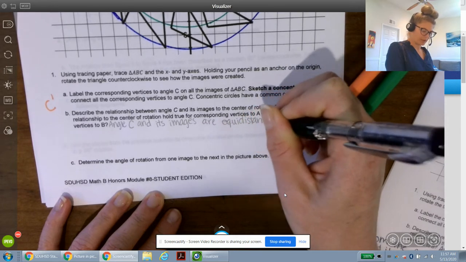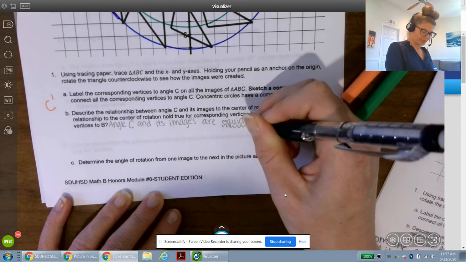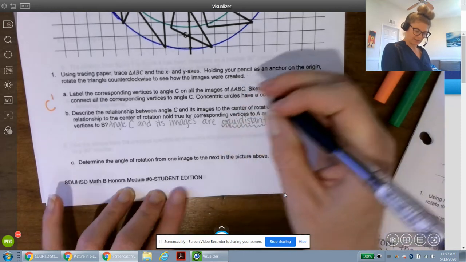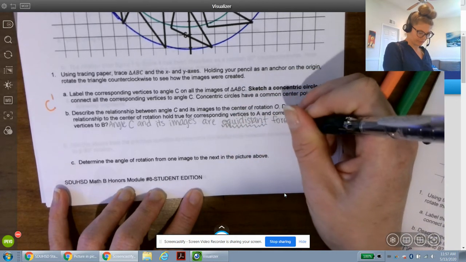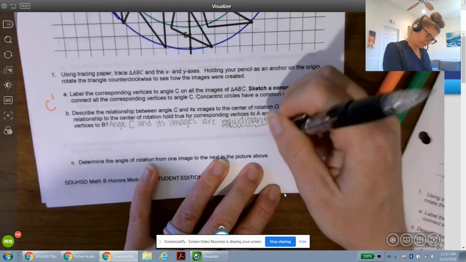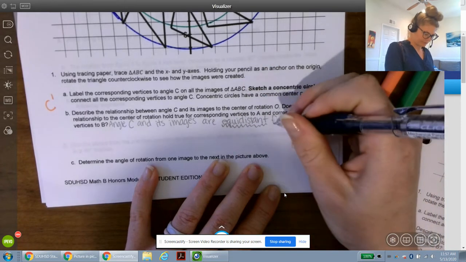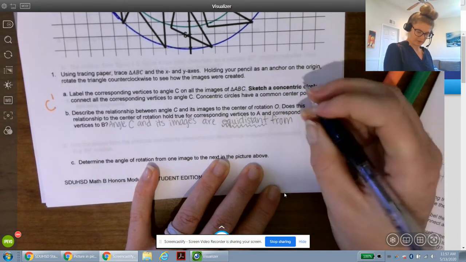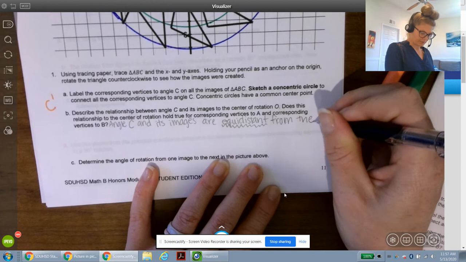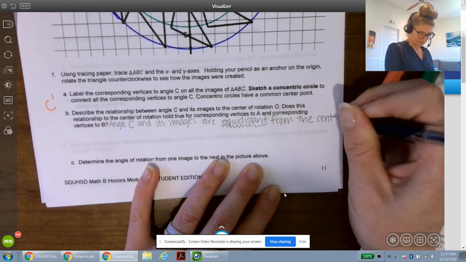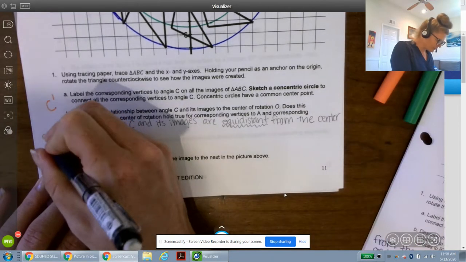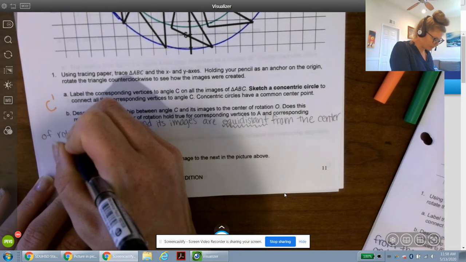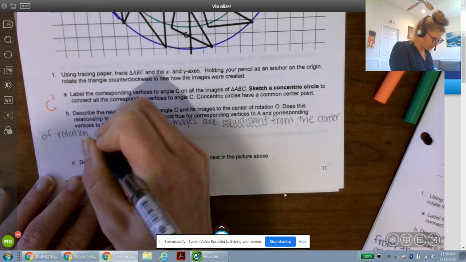So there's that word again that we've been using a lot this module. Equidistant from the center of rotation, which is O.